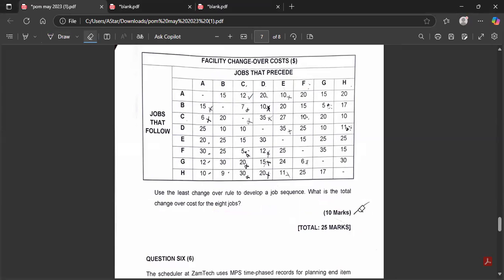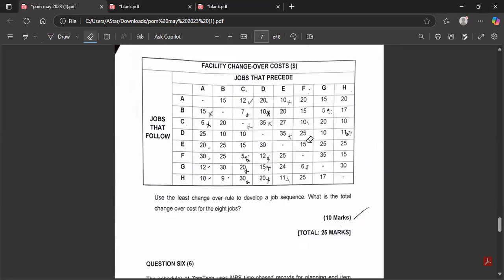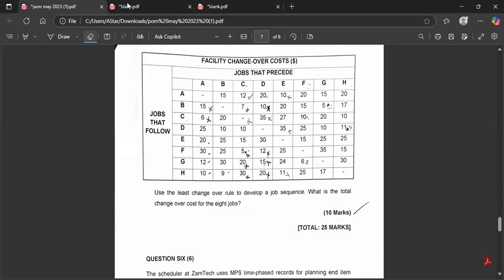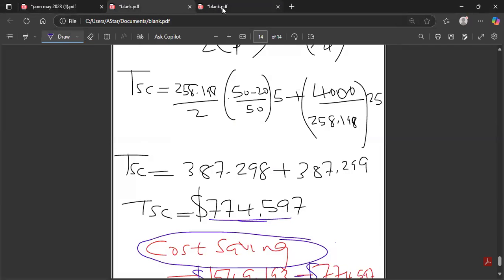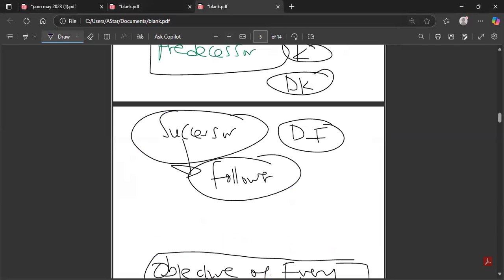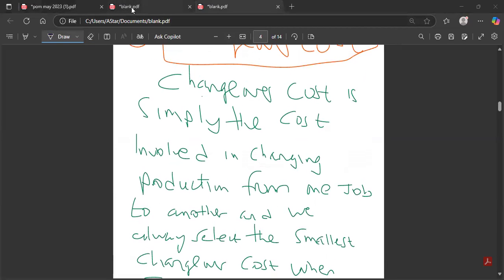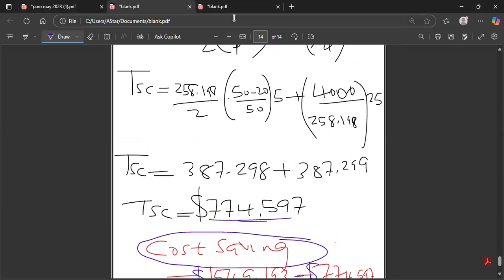So when you see this kind of table, that's why I told you about a predecessor and a successor. You look at which job you should start with and which one should be the following job. You can't start with a job that will take much cost for you.